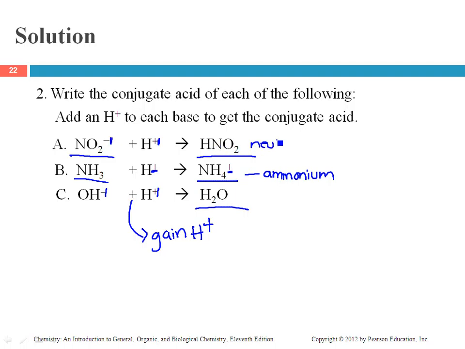So here it's neutral because we start with a negative charge, and we neutralize it with the 1 positive proton. Here we end up with a positive charge because it's neutral and it gains 1 positive charge. And then here we end up neutral in C as well because we start with a negative charge and then we neutralize with the positive proton.